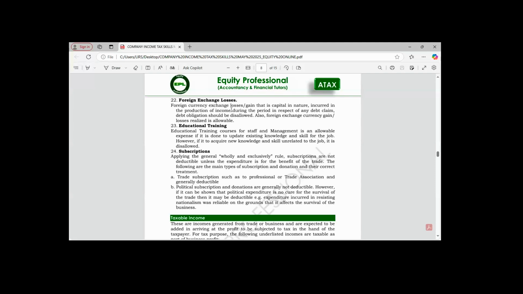If it is a foreign exchange loss, it can either be realized or unrealized. Foreign exchange loss realized is allowable. Foreign exchange loss unrealized is disallowable.